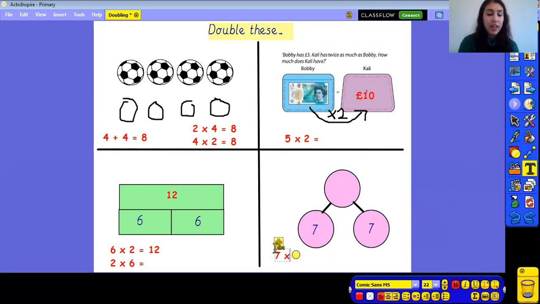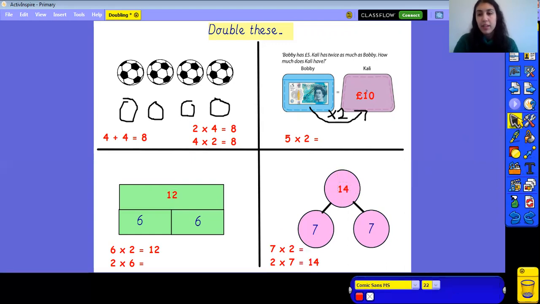So we've got 7 2 times, or 2 groups of 7. Now, I know I can't count in my 7s, so I'm going to show 7 groups and count 2, 4, 6, 8, 10, 12, 14. And then I can fill in the whole of my cherry model here with 14. Lovely.